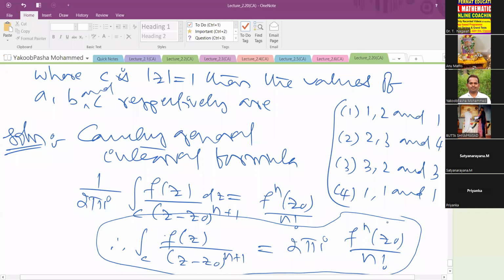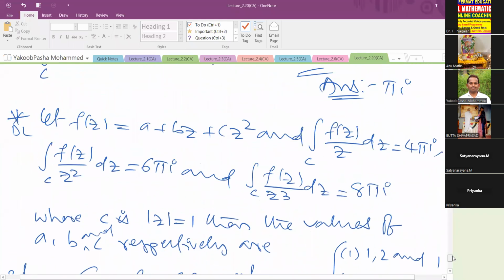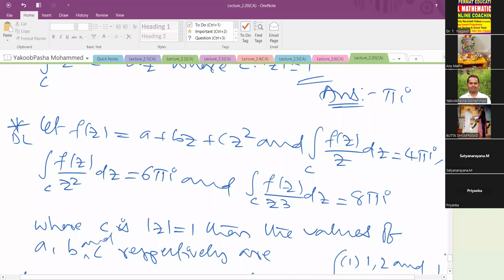So we will calculate using this. C is the same contour for every function. In the first, second, and third integrals, z equal to 0 is the singularity. But here it is a simple pole, here a pole of order 2, and here a pole of order 3.